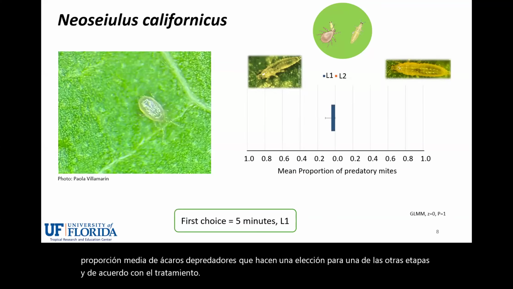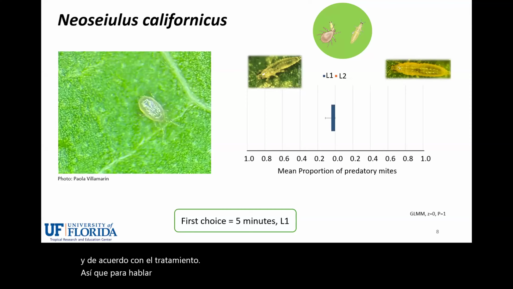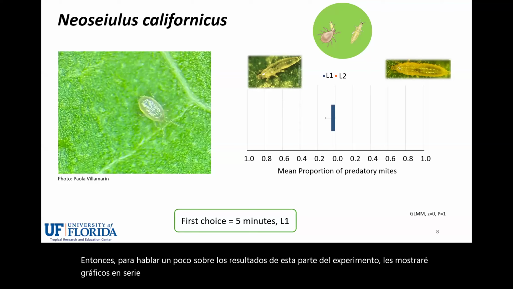So to talk a little about the results of this part of the experiment, I will show you a series of graphs like the one here in the slide. This graph represents the mean proportion of the predatory mites that made a choice for one of the offered stages.